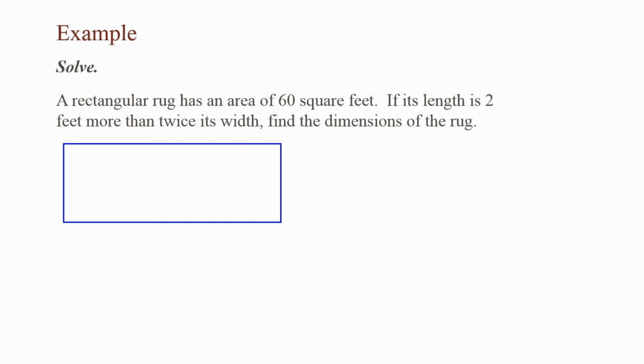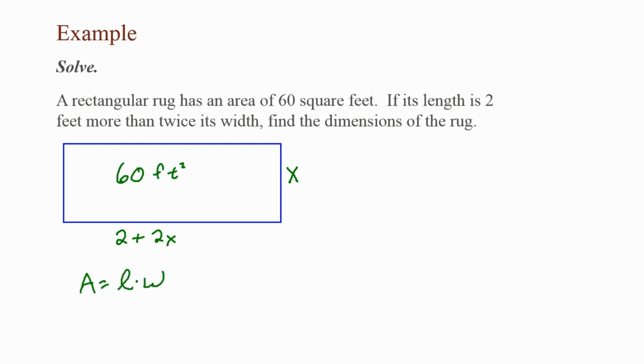So we draw a rectangle. We know the rectangle is 60 square feet. If our width is x, then our length is 2 feet more than twice the width, so 2 plus 2x. We also know that the area of a rectangle is length times width.